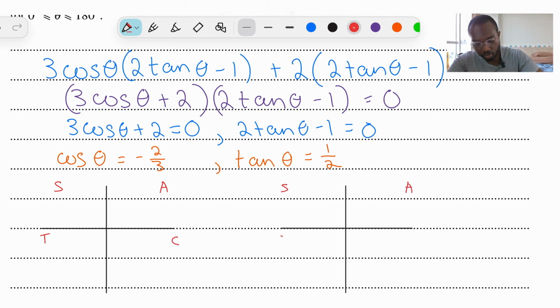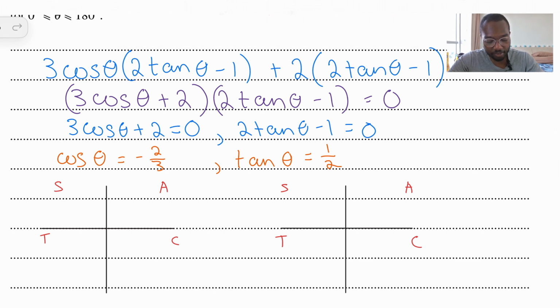So on your calculator, if we look at the cos theta first, okay, is equal to minus 2 over 3. Now, if you do the inverse of cos, okay? Actually, no, let's not even look at the inverse of it. Let's just do the normal inverse cos of just positive 2 over 3, right? If you do it into your calculator, you will get 48.2, okay? But remember, our cos value is negative.